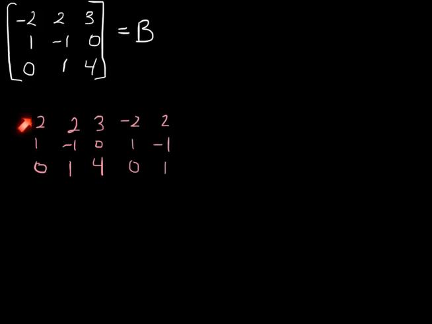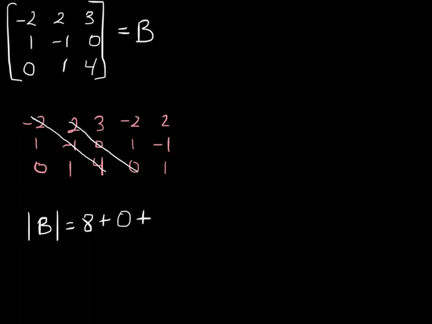We start at the top left and find the product of all the numbers in the 3 diagonals. So starting up here, we've got -2 times -1 times 4, which is 8, plus 2 times 0 times 0, that's 0, plus 3 times 1 times 0, which is 0, so that's 8.